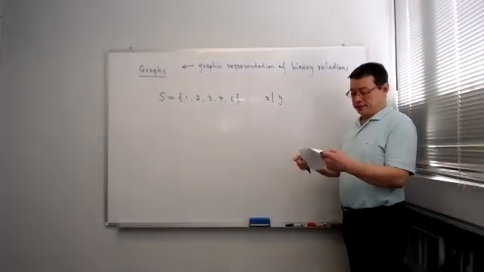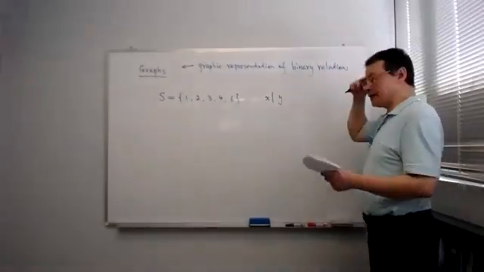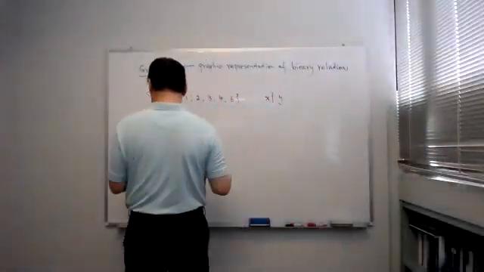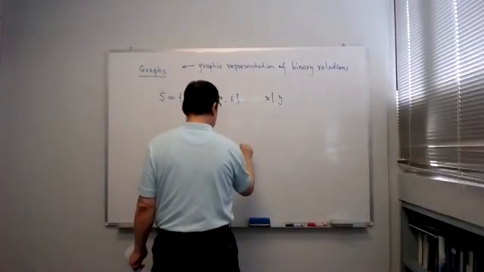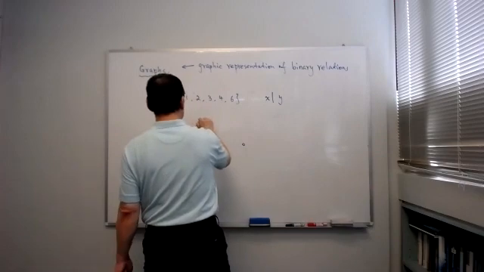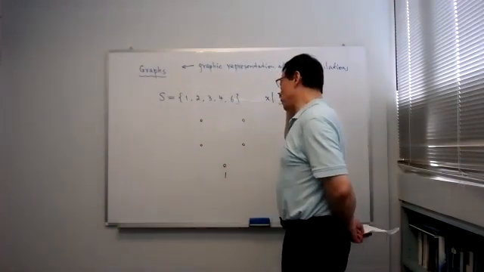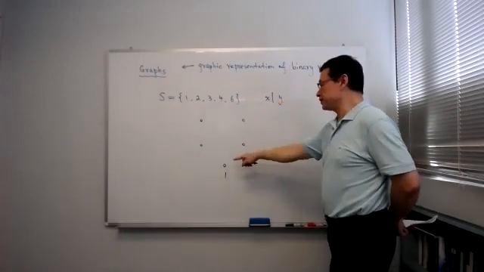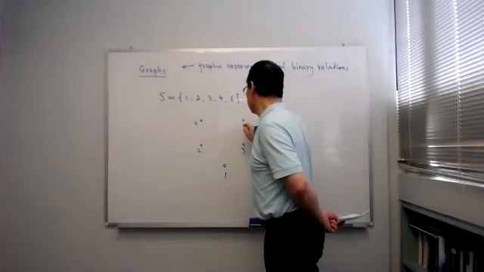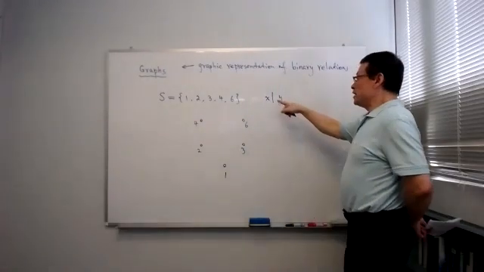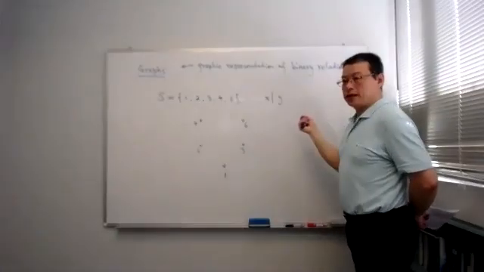All right. So we can draw the relation using a graph. It's a graphic representation. We represent each element by small circles: 1, 2, 3, 4, 6. Then whenever x divides y, we draw an arrow from x to y.